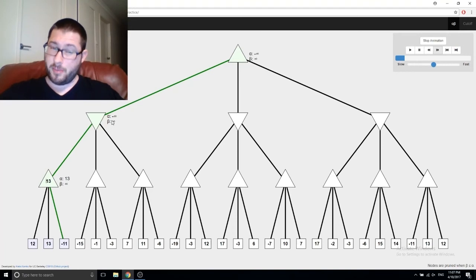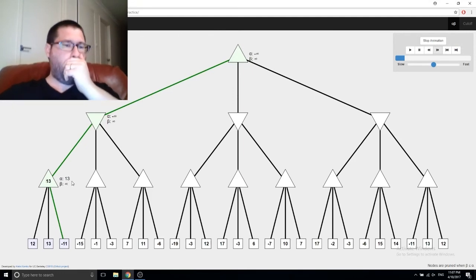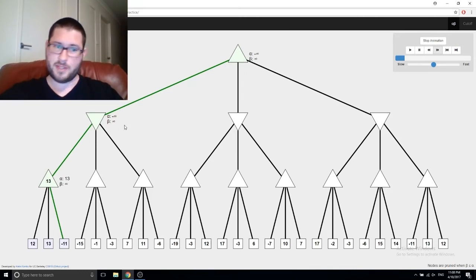I think that's probably the hardest thing to get your head around, because in this node, 13 is the alpha value, and then as soon as it goes up one level, it suddenly becomes the beta value, and the alpha value is still negative infinity.